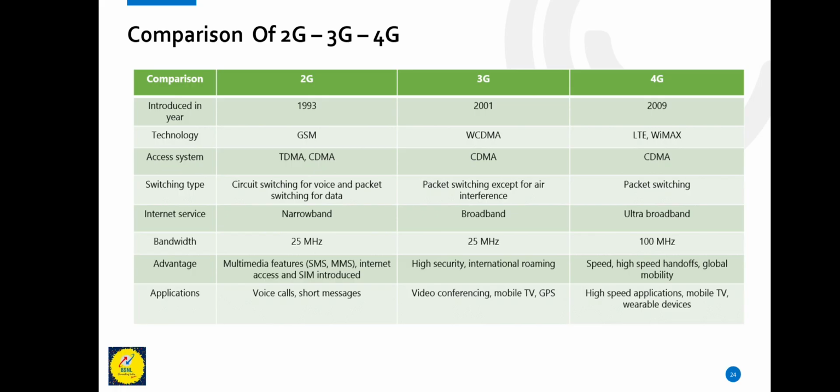And similarly, access systems: TDMA and CDMA in 2G, CDMA in 3G, and in 4G also CDMA is used. And the switching types, as we see, 2G is basically analog, whereas 3G is packet switched, and 4G also is a packet switched network. That is, even voice calls are converted into packets and transmitted.